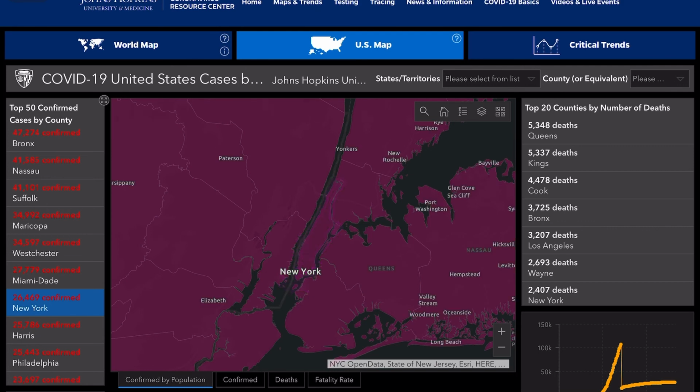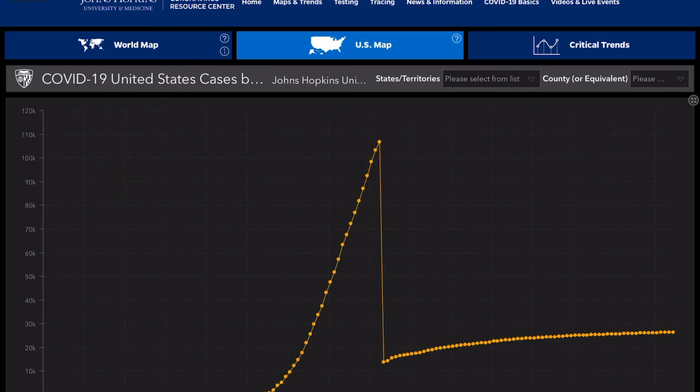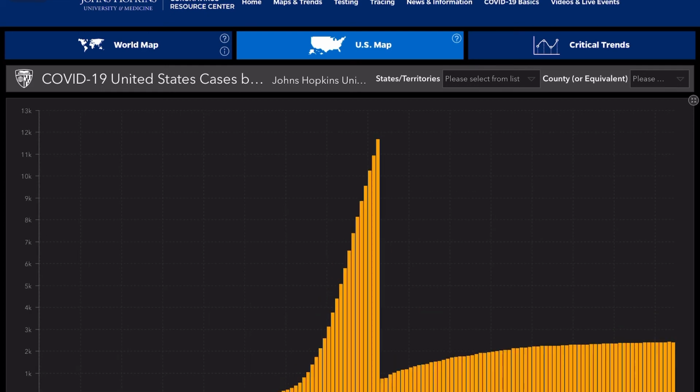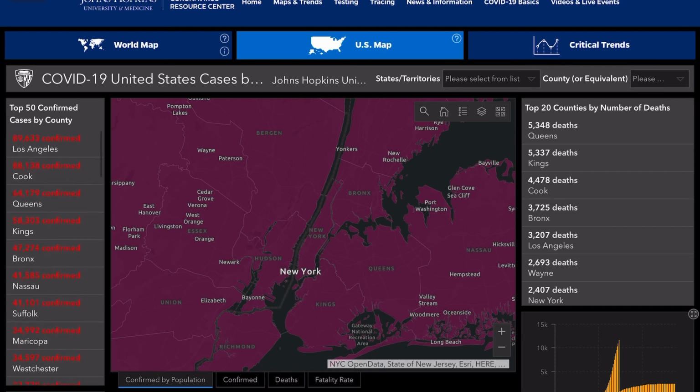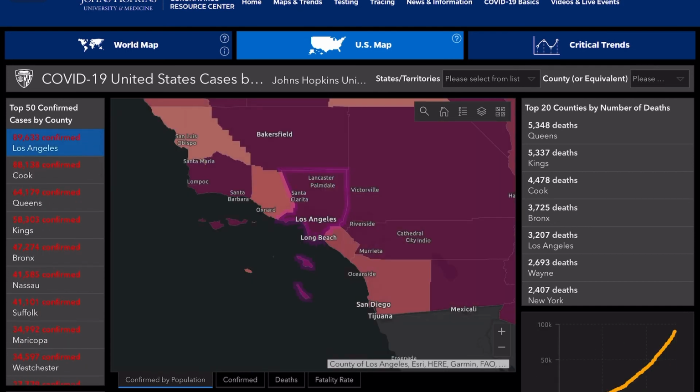New York's numbers fell from 106 cases down by the 14th of April, but then they are rising again, and there's a rising trend right now in the number of cases also. That trend is very critical to understand whether things are going the right way or the wrong way.